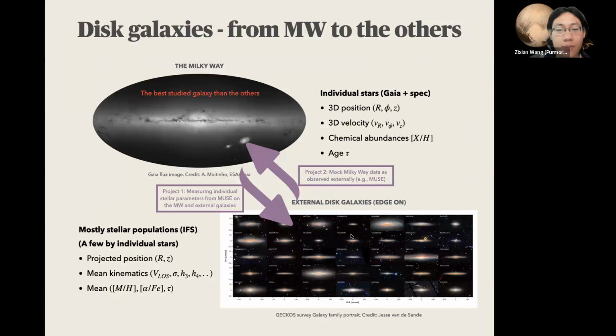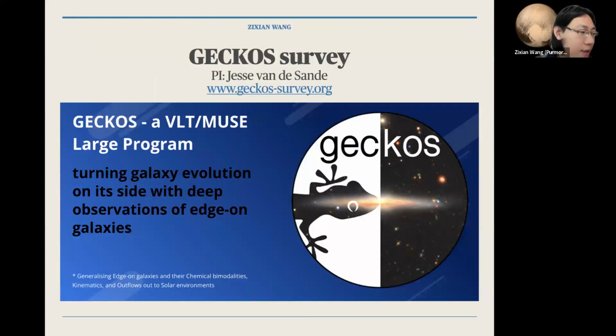Basically, during my PhD, I did a loop, trying to combine the Milky Way with other galaxies to fully understand how galaxies form and evolve. I just want to mention the GECKOS survey, which is proposed by Jesse van de Sande.